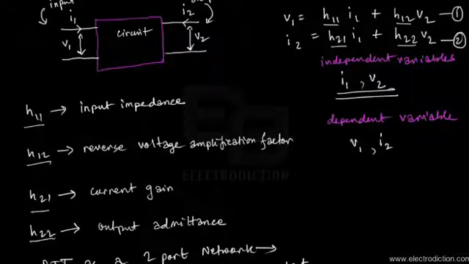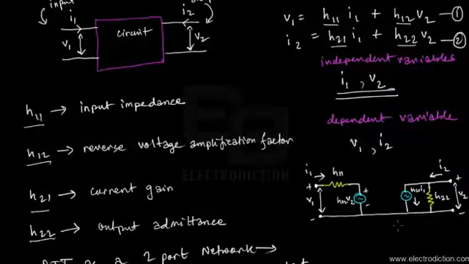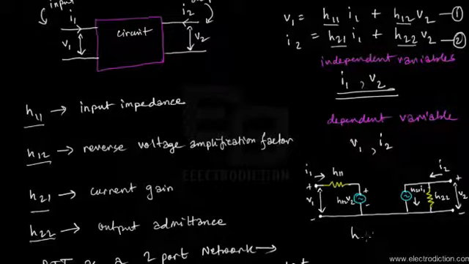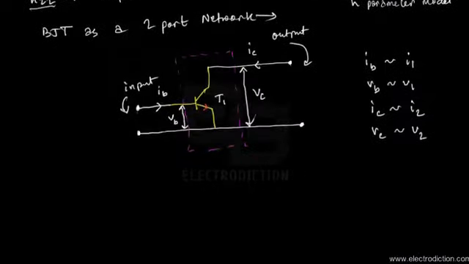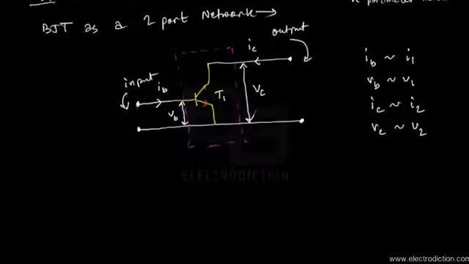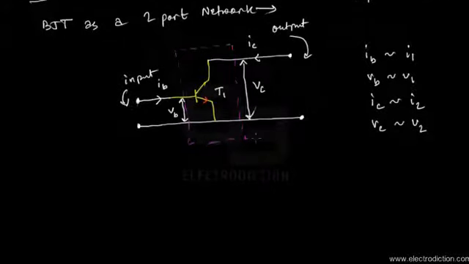As you can see in the figure on the right, the H parameter analysis of a circuit gives us an equivalent H parameter circuit, or rather an H parameter model, for any circuit that you can analyze with this model. We're going to obtain a similar one for the BJT also, but before we do that, we need to find the corresponding H parameters.